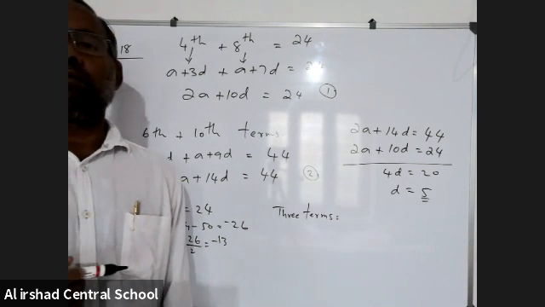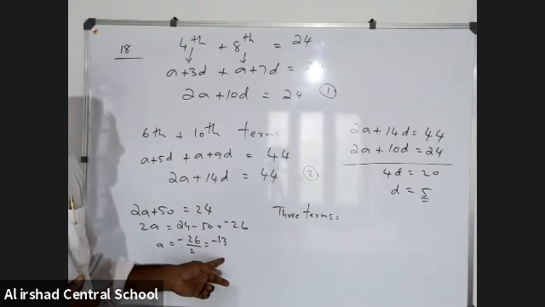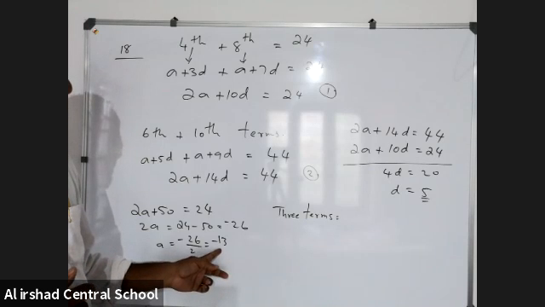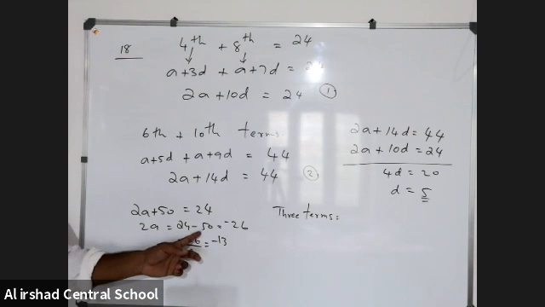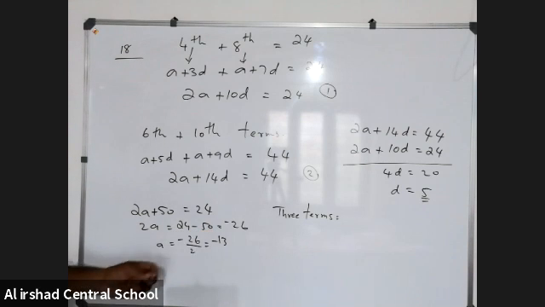A is minus 13, you got or not? 24 minus 50, minus 26. Correct, let's check.